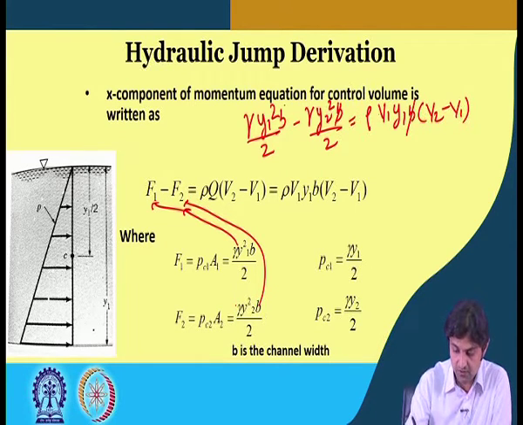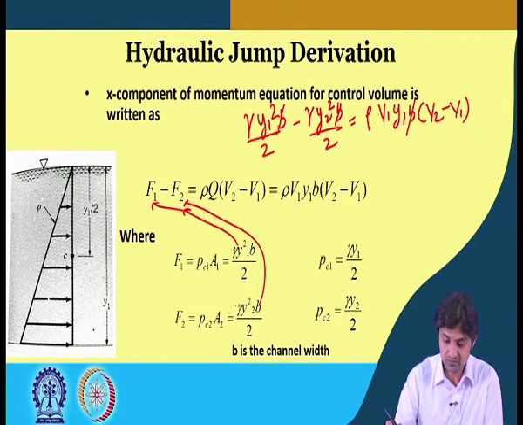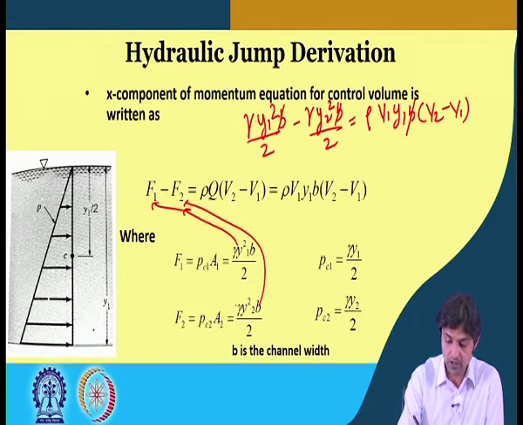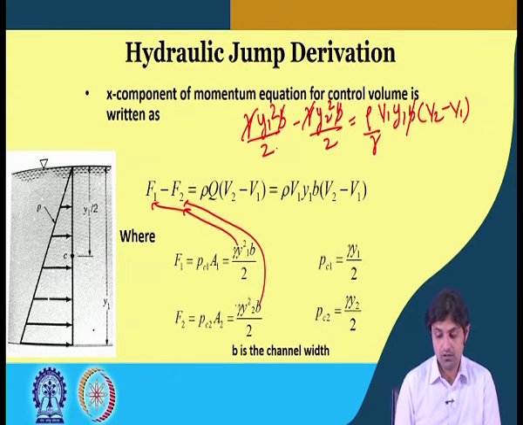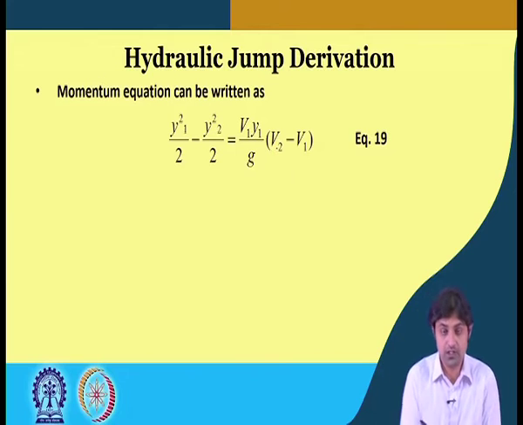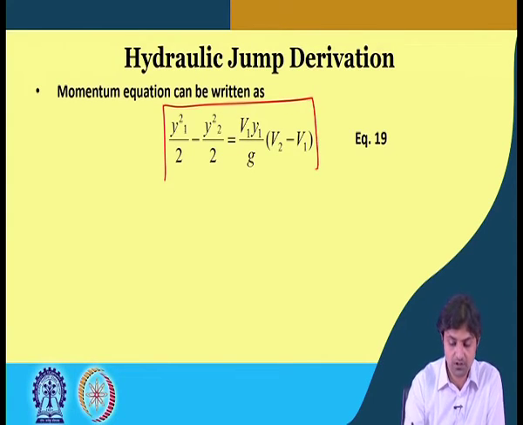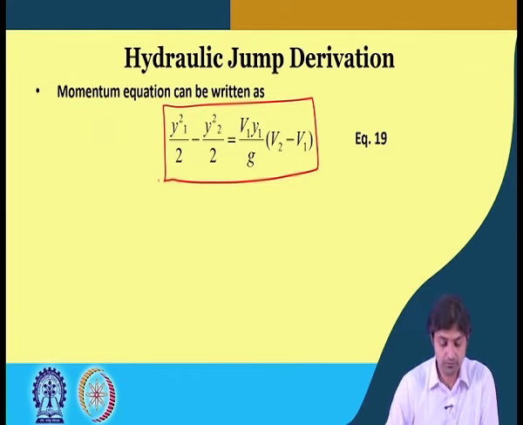So, b will cancel from both sides, and this gamma can come down. Rho by gamma is going to be 1 by g. Using this we have simply written y1 square minus y2 square is equal to v1 y1 by g into v2 minus v1. So, this is one equation that we get.